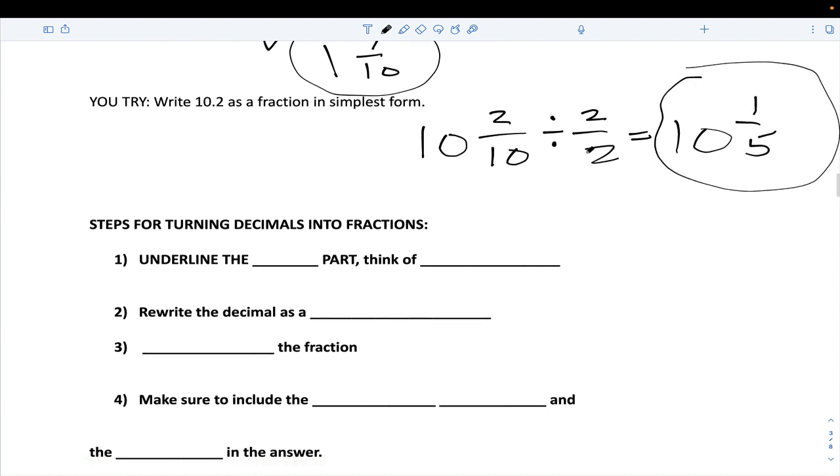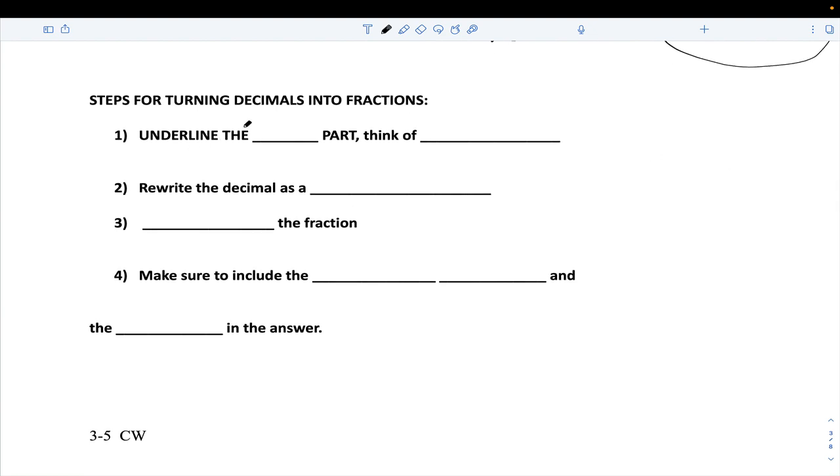Before you launch off to your partner, here's your steps for turning decimals into fractions. You're going to underline the decimal parts, kind of a small line, and think of place value. Rewrite the decimal as a fraction, thinking of tenths, hundredths.